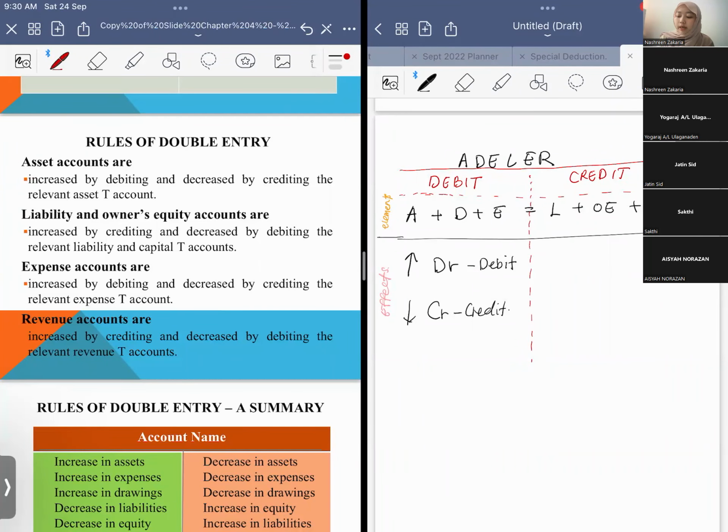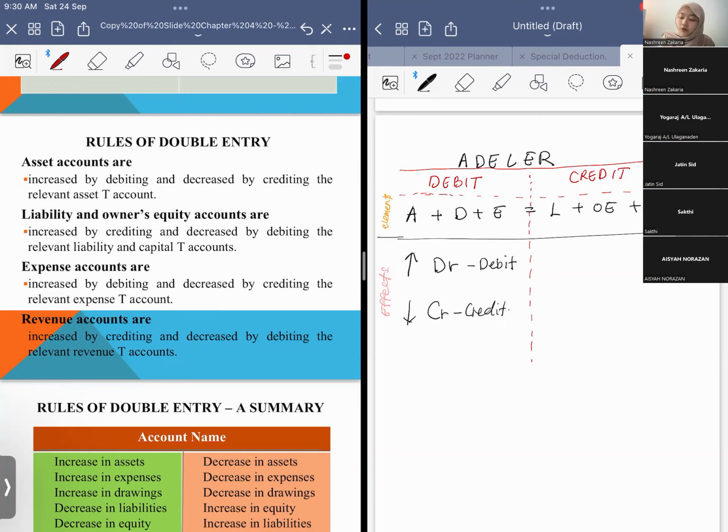What about liability, OE, and revenue? If for liability, let's say we take another loan. Loan is our liability, isn't it? So if we have a new loan, it means that we have a new debt, so we are increasing our liability.